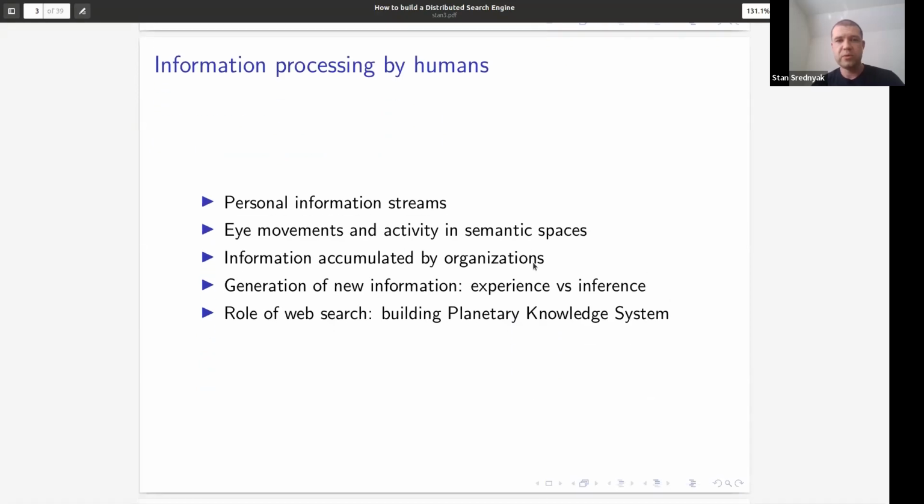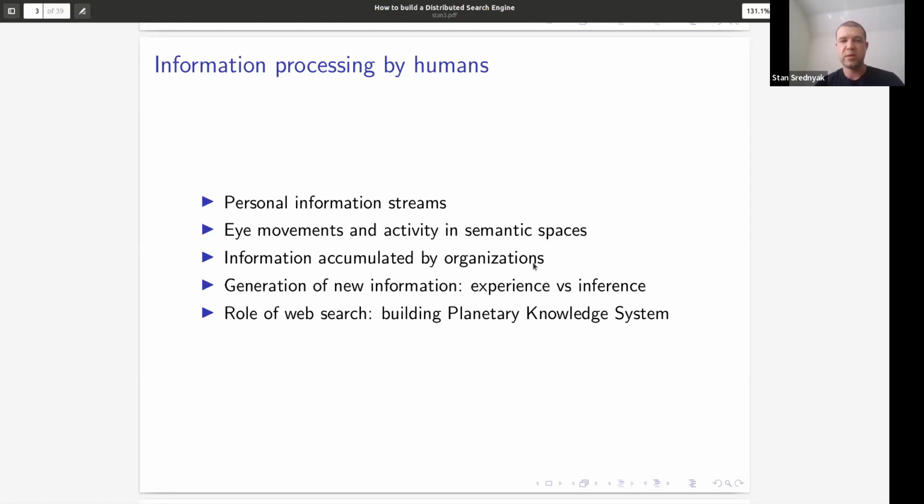So I want to start by briefly covering how information is processed by humans in the context of human-computer interaction. Each person has personal data streams through which that person accumulates information.